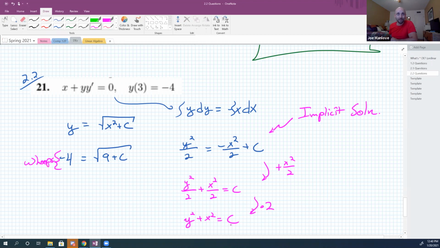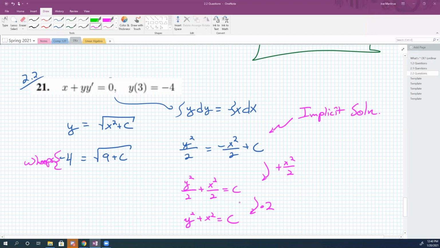Does this look familiar? What does this look like? It's the equation of a circle. So that's what's up. Your solutions are circles. So if you turn it explicit, you're only going to get half your equation.